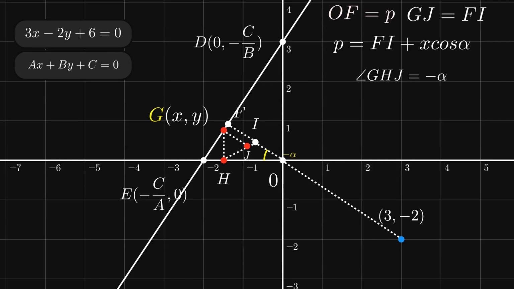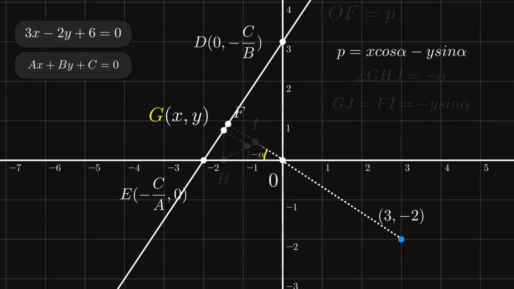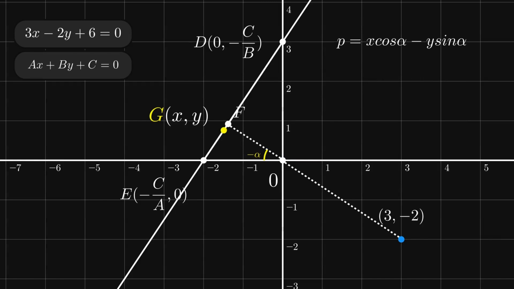Now the GJ equals y sine negative alpha, which is the same as negative y sine alpha, and hence p equals x cos alpha minus y sine alpha, which is the expression of the FO distance in terms of the G(x, y) point. But we still need the connection between the distance p and the constant c.